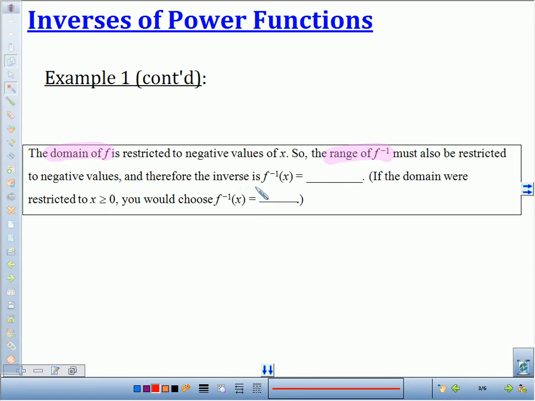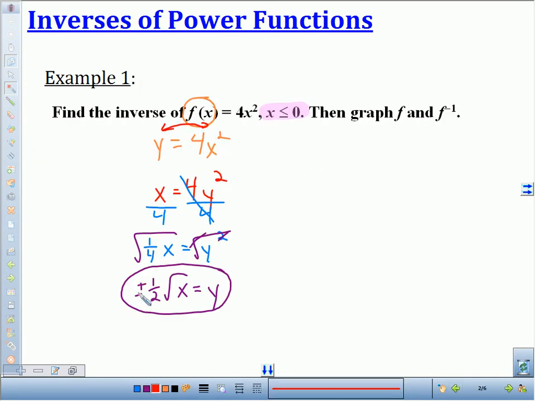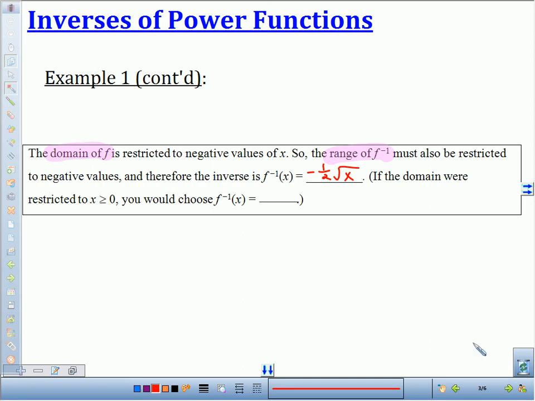Therefore, the inverse is f to the negative first of x equals negative 1/2 square root of x. So that plus or minus that we had in our problem became just minus. The reason being that the range has to be negative.